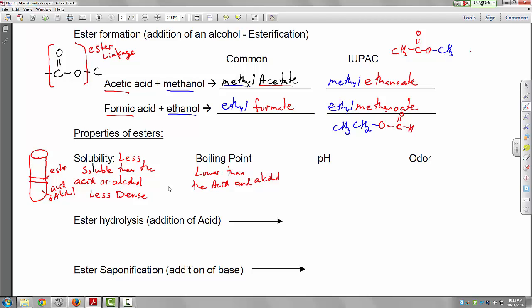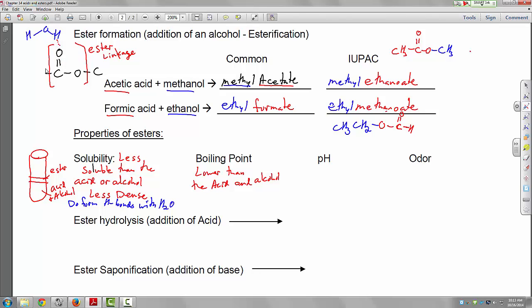They do form hydrogen bonds with water. I should point that out. Because we can put a water molecule right here, and we can form a hydrogen bond between the hydrogen of a water molecule and one of the oxygens of the ester.